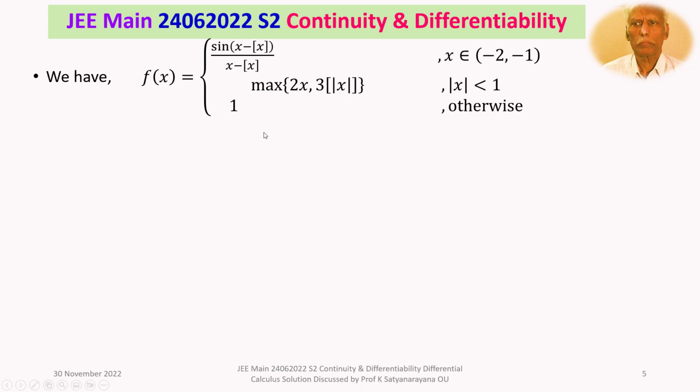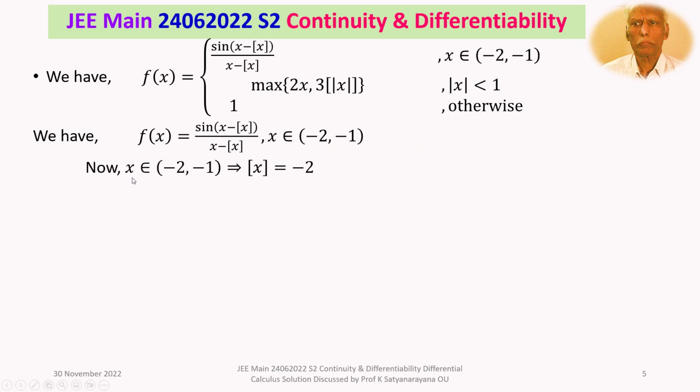We have this function, and it has three branches. We first consider the first branch: f of x is equal to sine of (x minus [x]) by (x minus [x]), where x belongs to the open interval (-2, -1). Now, when x belongs to the open interval (-2, -1), then [x] is -2, that is, the greatest integer not exceeding x is -2.